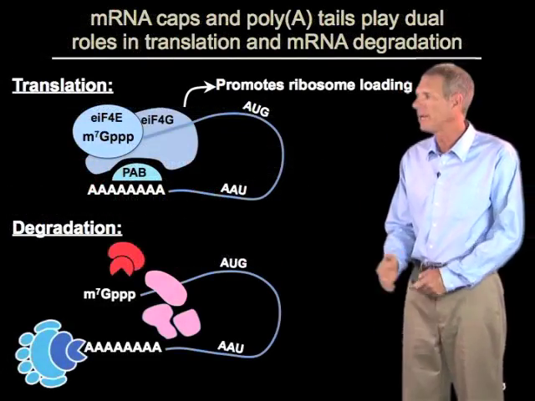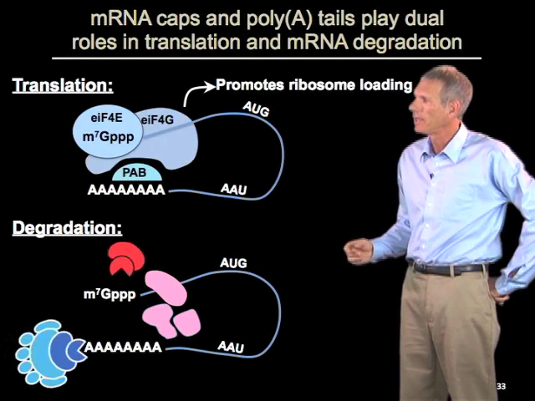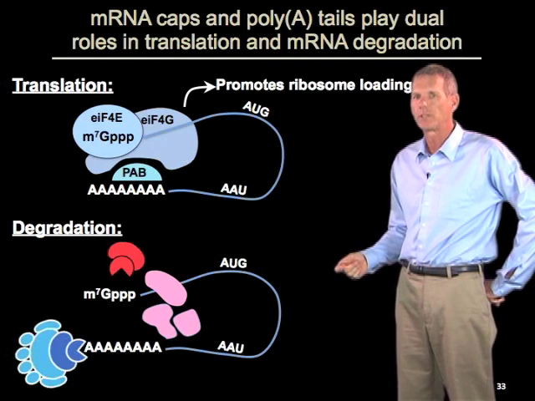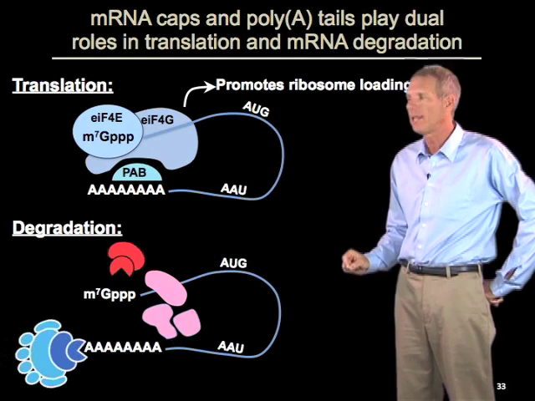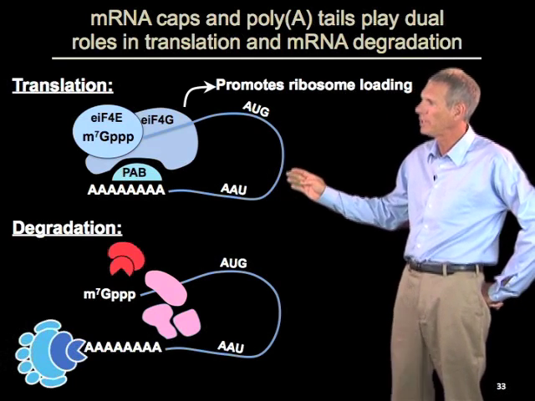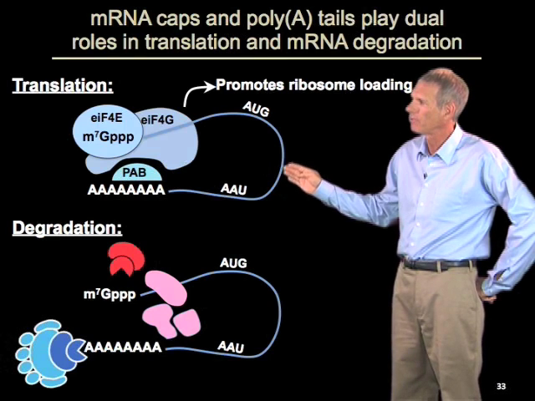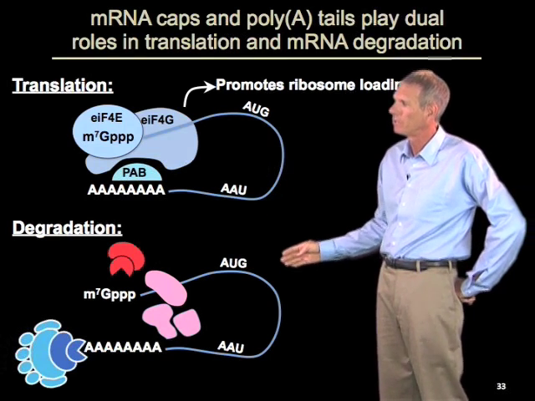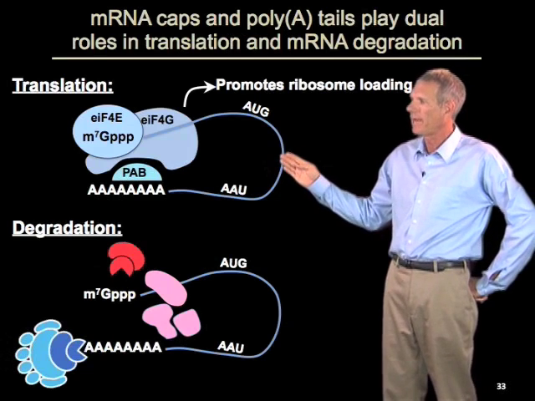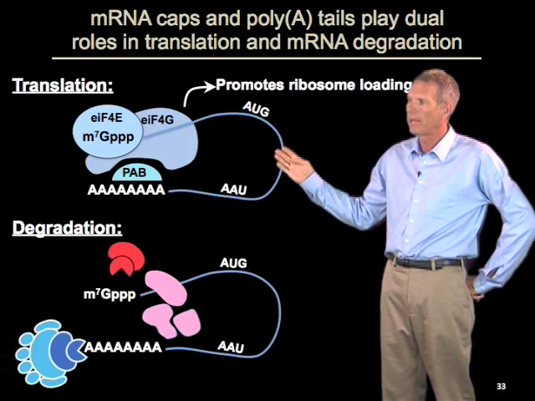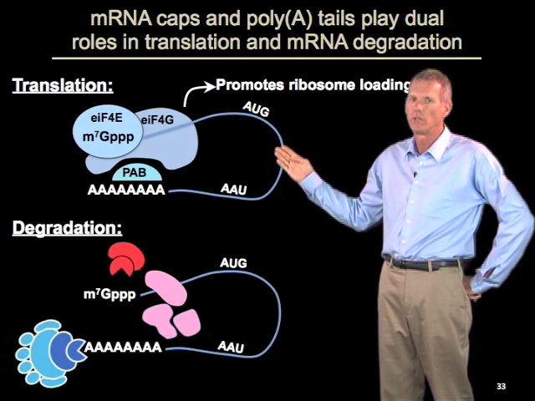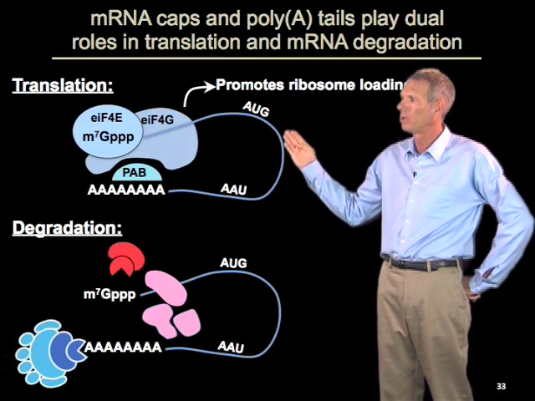Now, one of the striking features of RNA decay and translation is how they're intertwined with each other. And I want to highlight this by pointing out the distinct roles of the caps in both translation and RNA degradation. In translation, the cap and the poly A tail serve as binding sites for RNA binding proteins, which then assemble a complex which promotes ribosome loading.